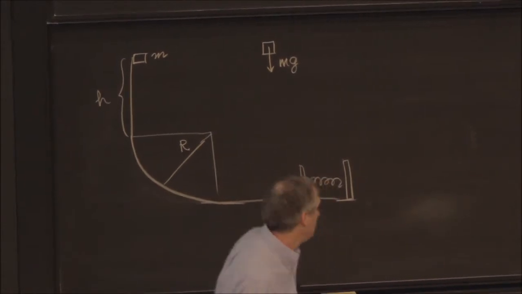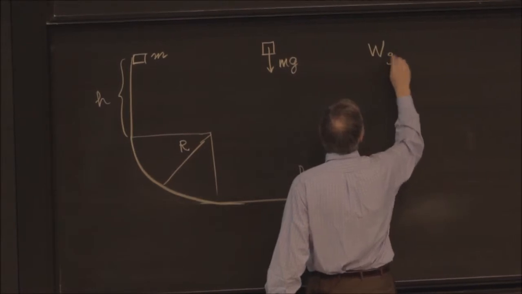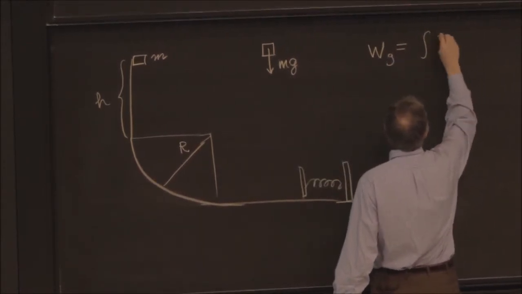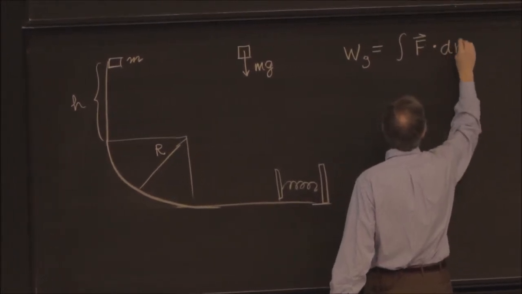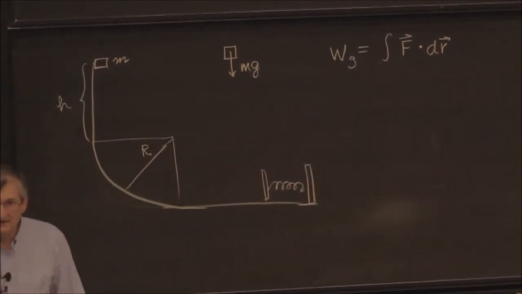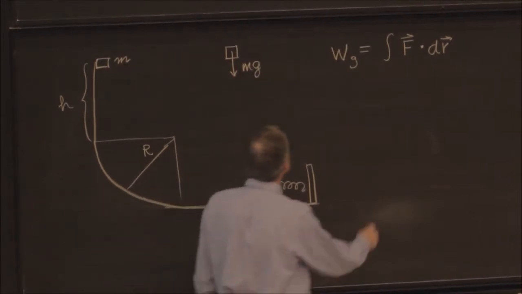The work done by gravity will be the integral of that force dotted into the displacement. Is the displacement parallel to the force? Yeah, so this is going to simplify.